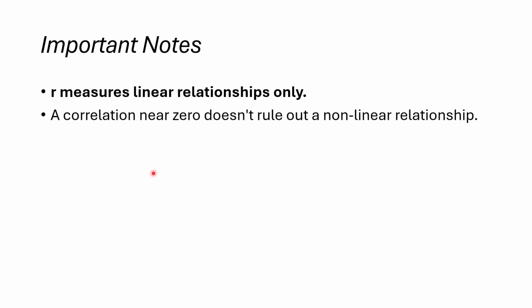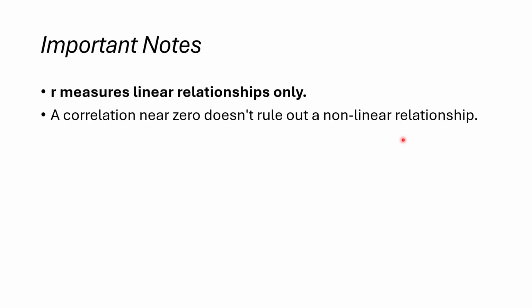There are some critical notes when we are running a Pearson correlation. Number one is that R measures linear relationships only, as we have seen in the last few slides. And a correlation near zero doesn't rule out a non-linear relationship.